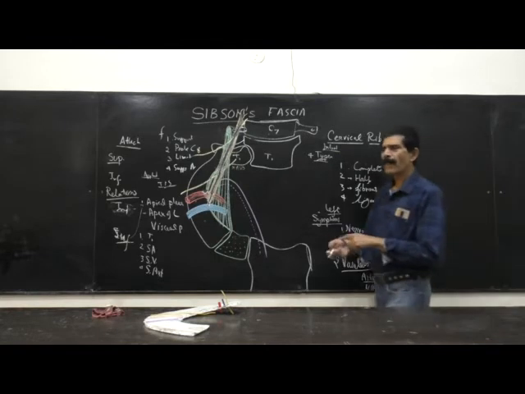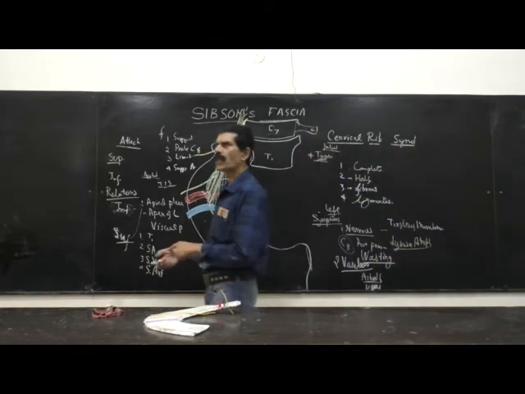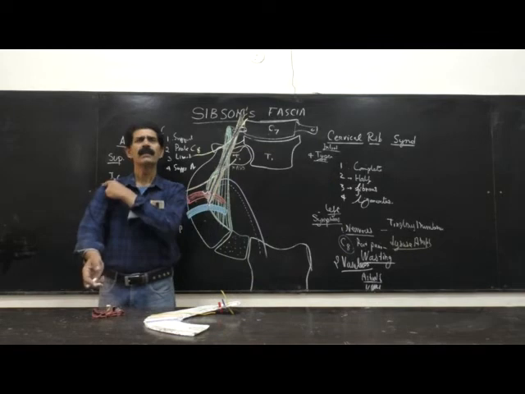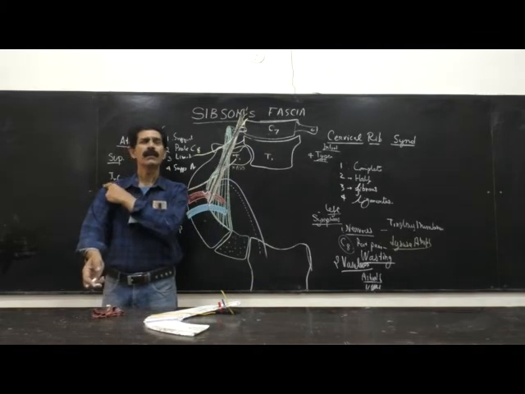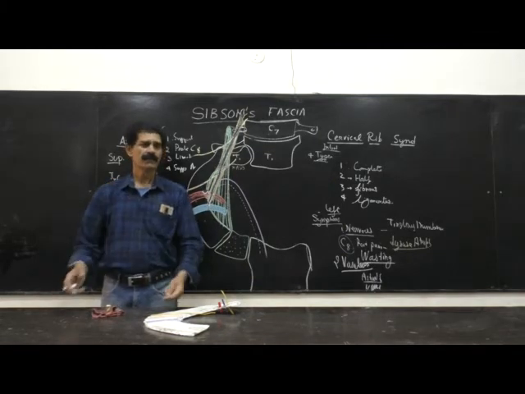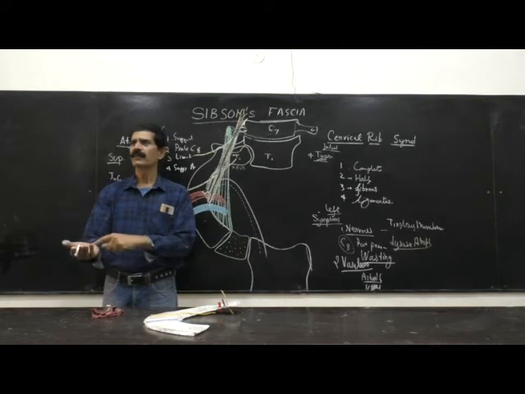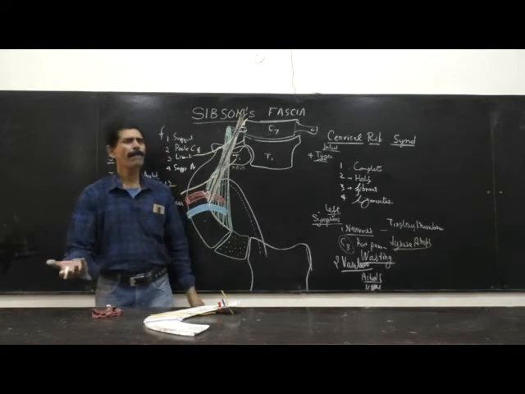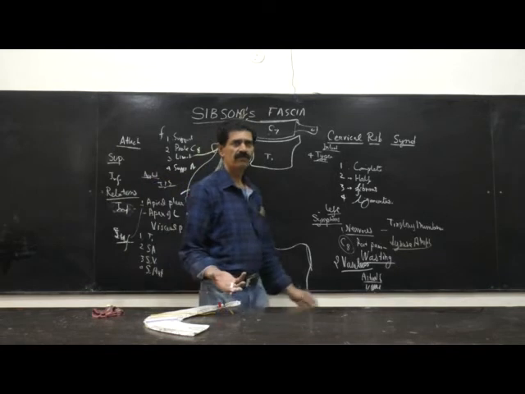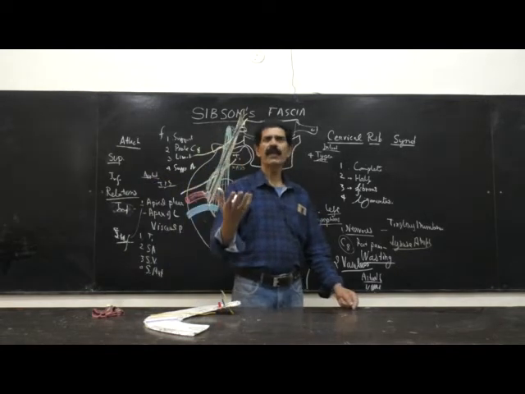Because of less arterial blood to the upper limb, there will be coldness of the upper limb. Compare the right and left. This limb will become cold because the arterial blood is hot.